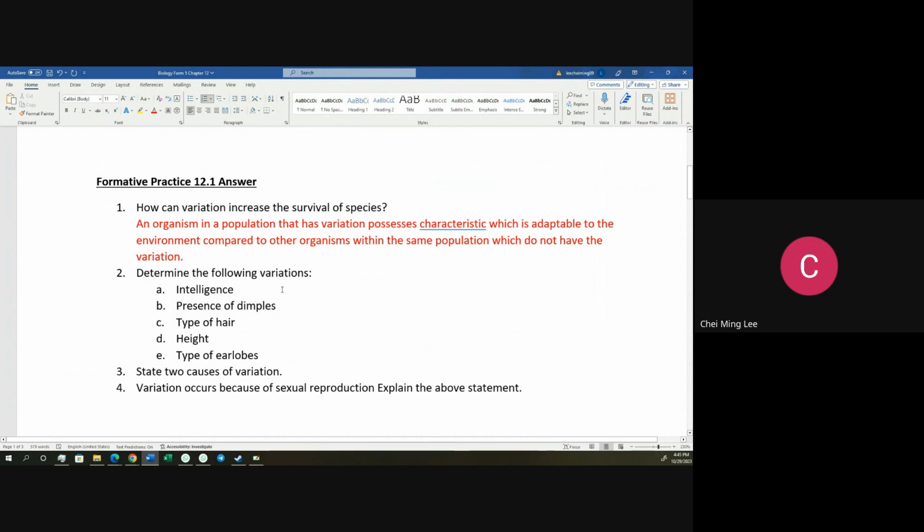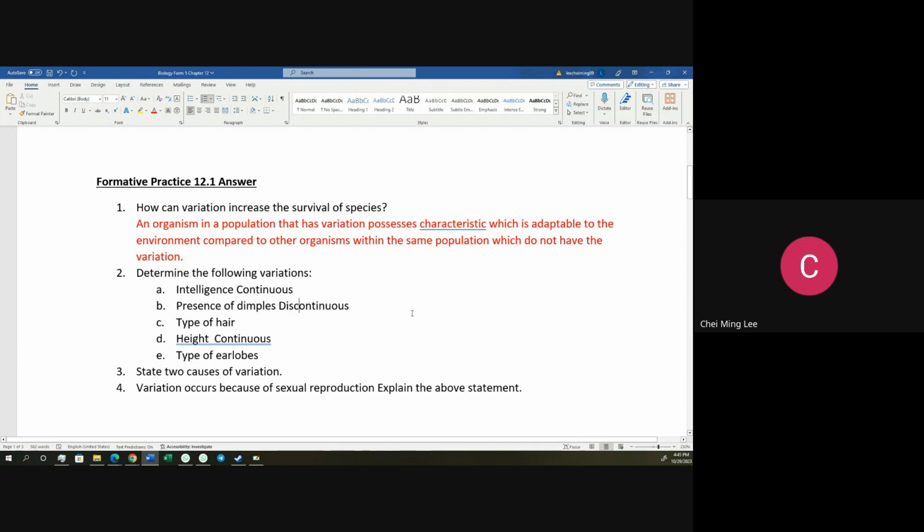Now determine the following variations. For intelligence, which is continuous. I think I will straight away copy this faster. So this is continuous. This is discontinuous.